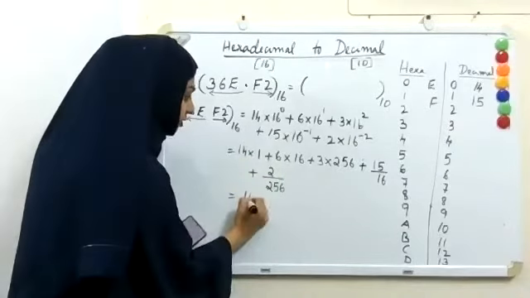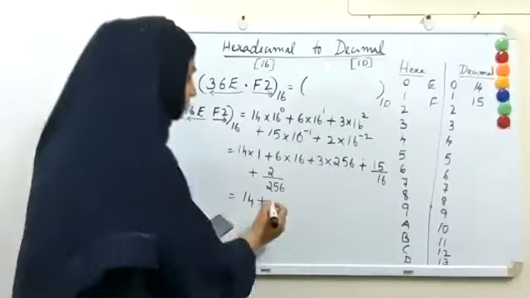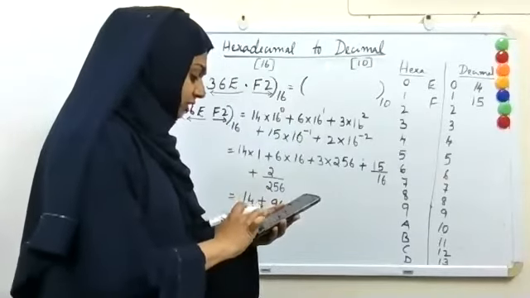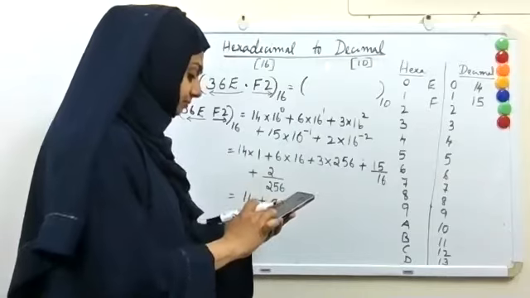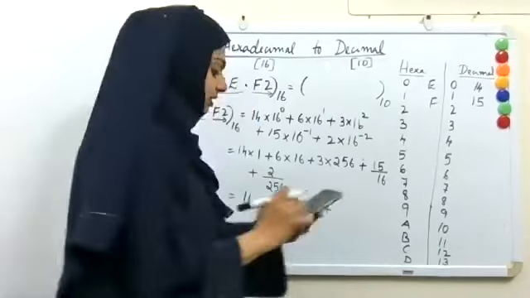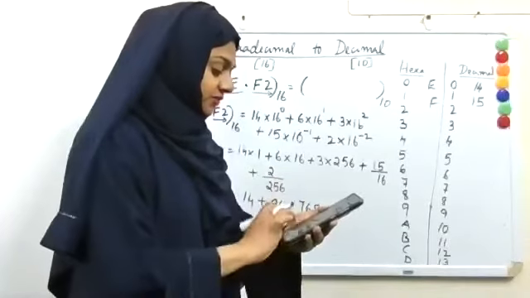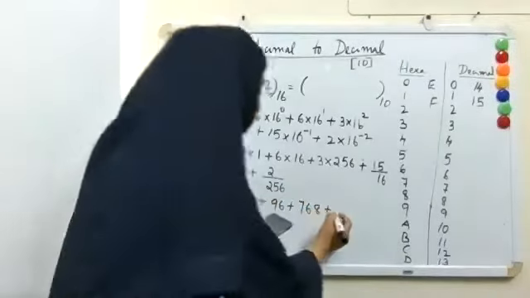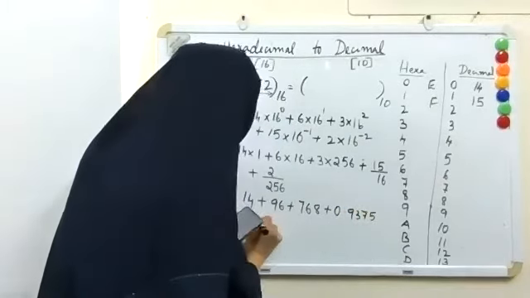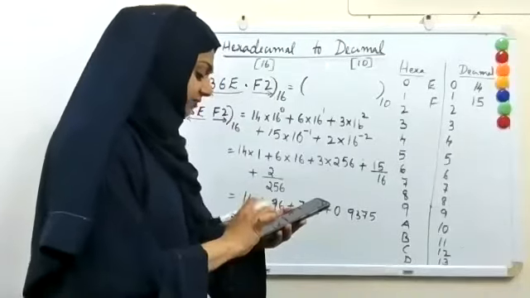14 times 1 is 14, plus 6 times 16 is equal to 96, plus 3 times 256 is equal to 768, plus 15 divided by 16. 15 divided by 16 is 0.9375, plus 2 divided by 256.